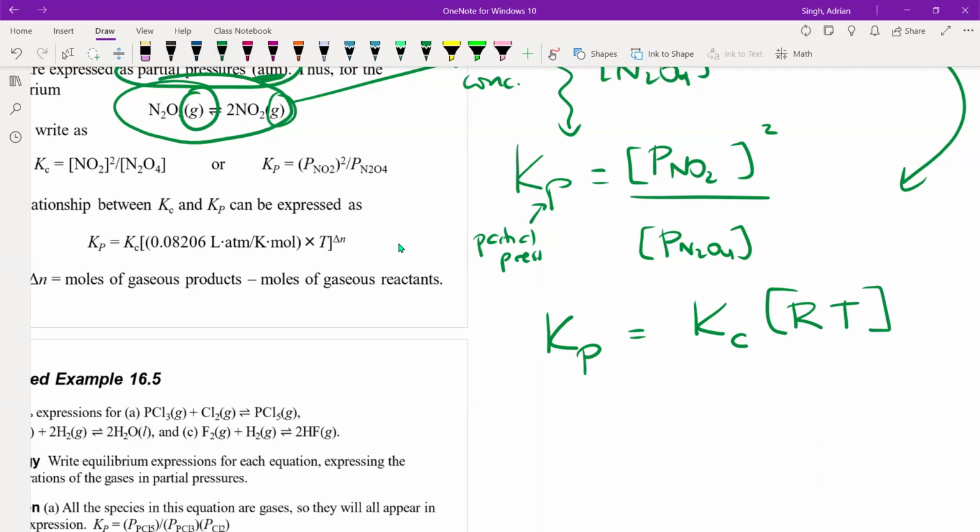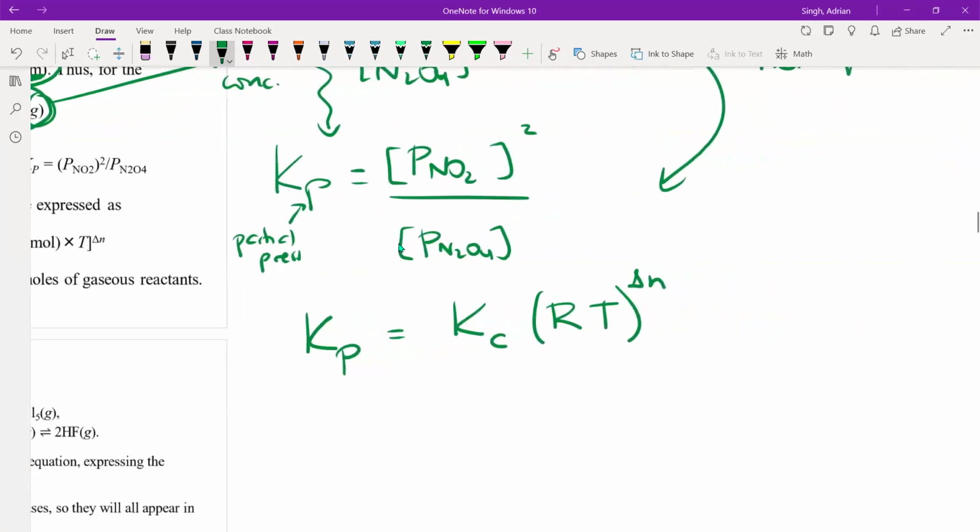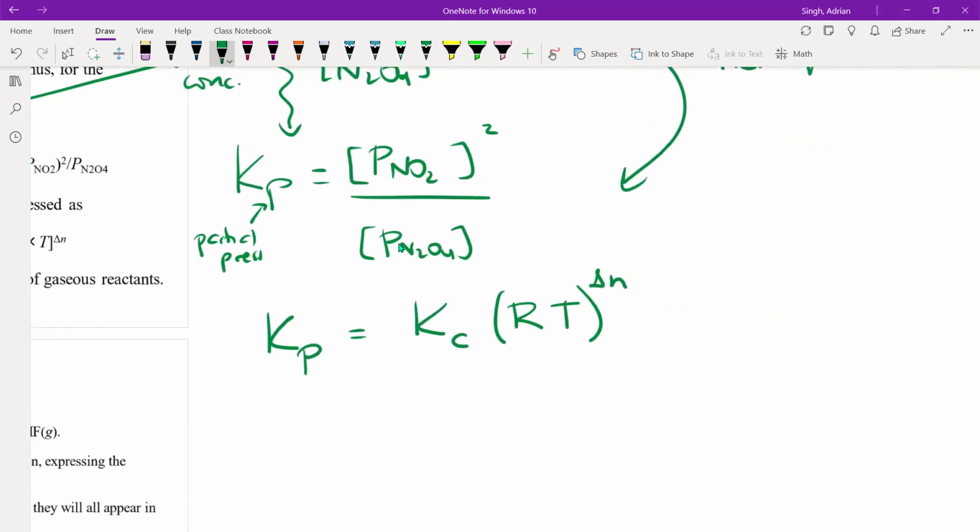Let me actually put this in regular parentheses so we don't get it confused with concentrations. And then that's raised to the power of the change in the number of moles of gas, right? That is the relationship. So the delta N here, and that's a triangle, meaning the change in number of moles of gas.